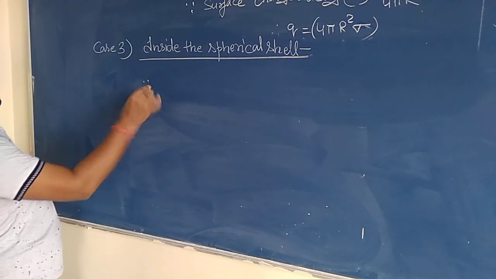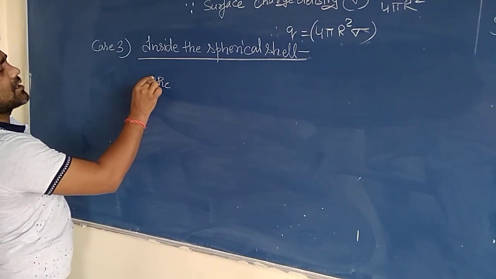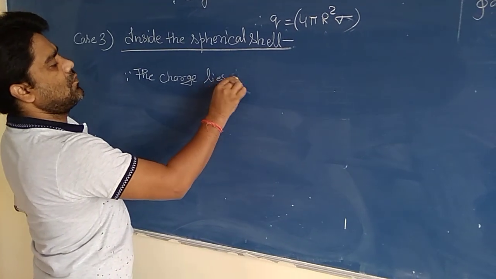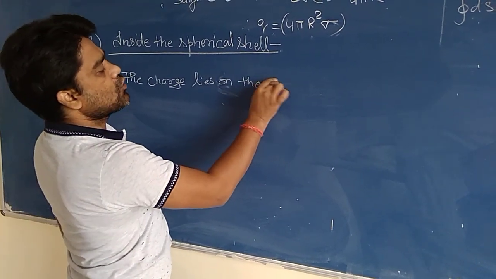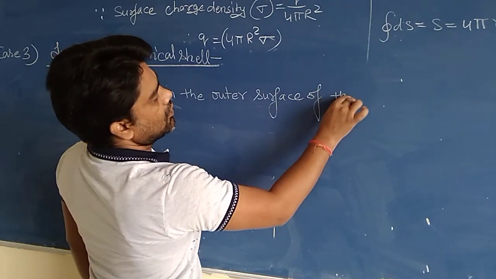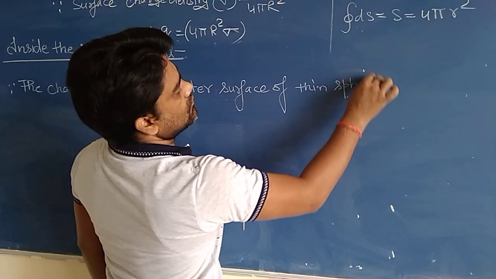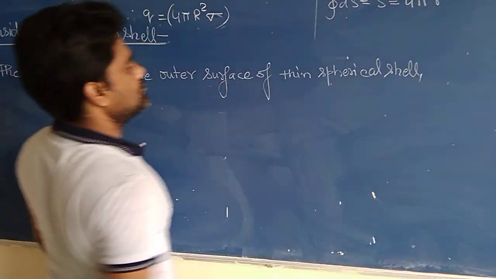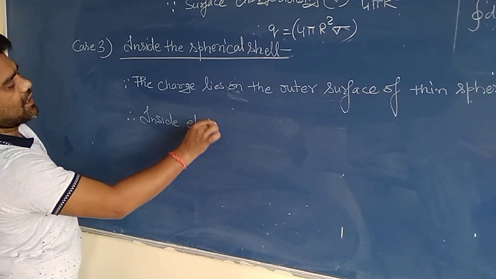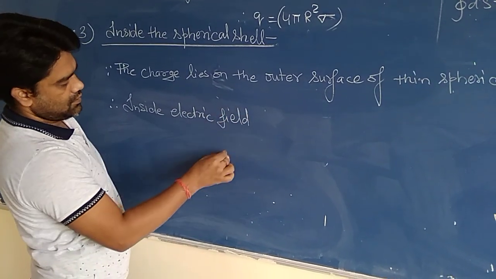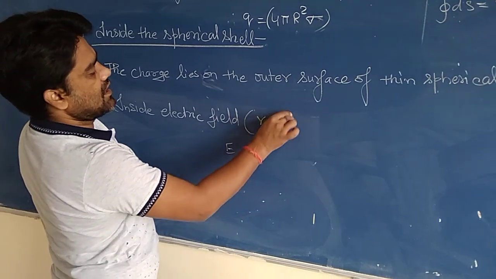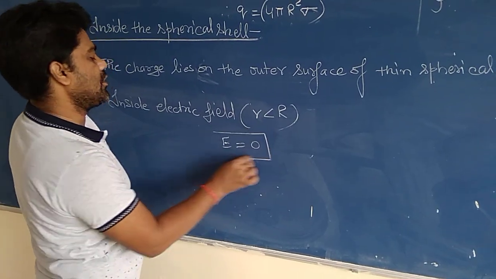So we have to write, since the charge lies on the outer surface of the thin spherical shell, inside, for small r less than capital R, the electric field E becomes equal to 0.